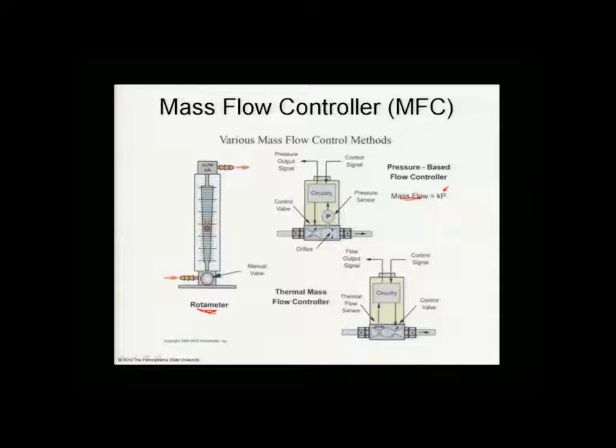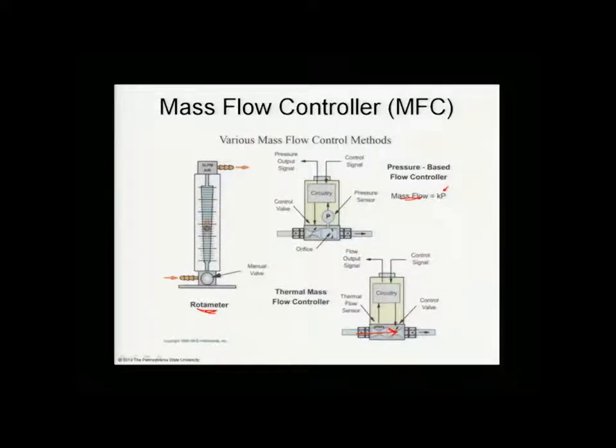Here is the thermal mass flow control type that we're talking about. There's an element here that is heated. Generally, power is delivered to keep the temperature of this element the same. Depending on the gas going by here at its speed, you have to supply more power or less power, and thereby you know the speed of the gas.